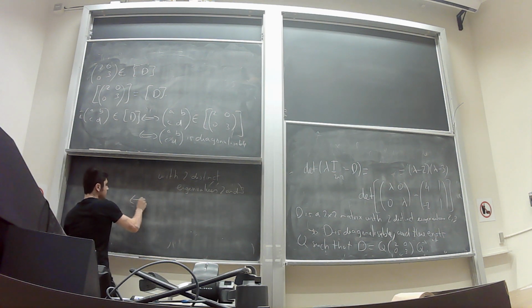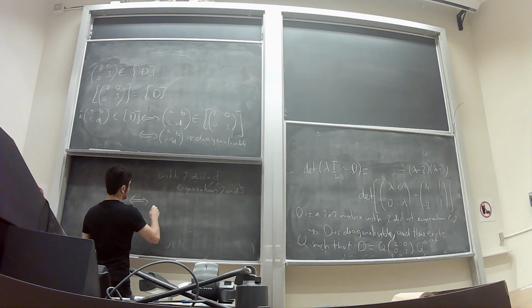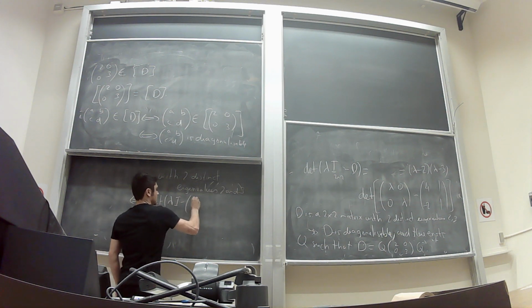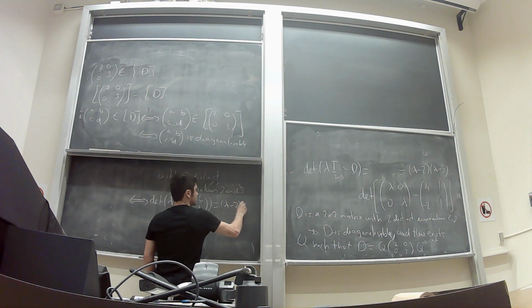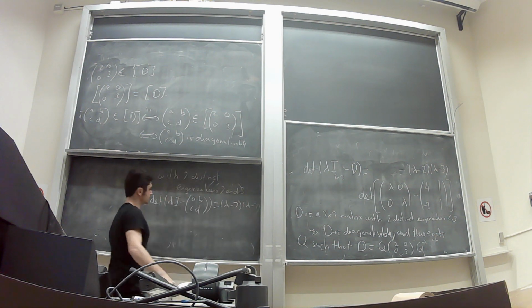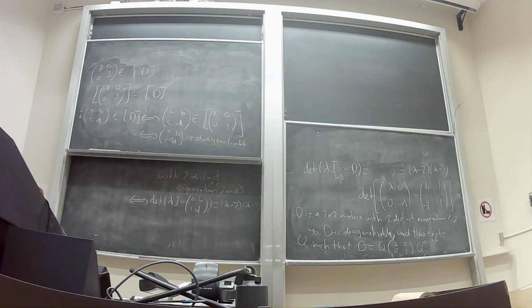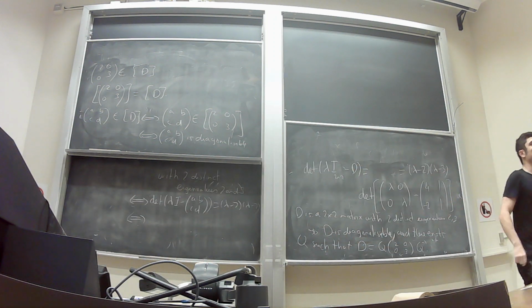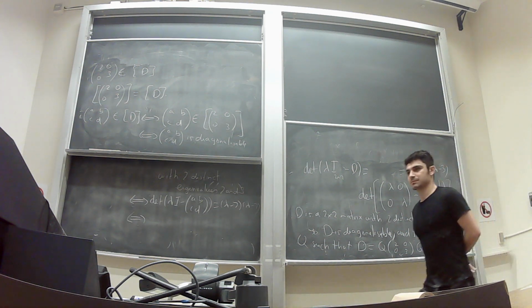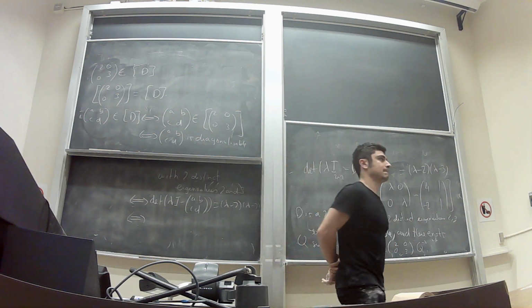This happens if and only if the characteristic polynomial is lambda minus 2 times lambda minus 3. Okay? And then you solve for it. Well, I mean, I guess I've done it, when you solve for it, it's going to be easy. Okay? Great.